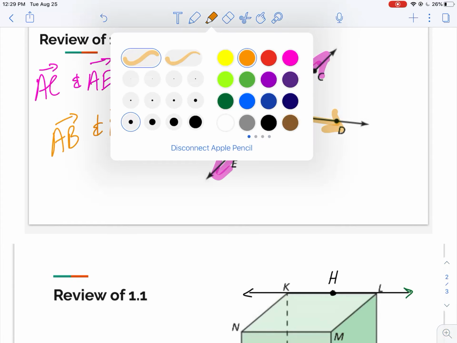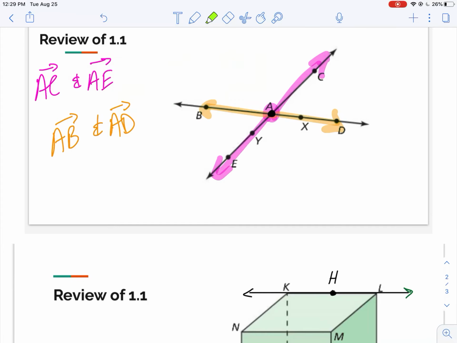If you're looking at the names here, notice how these arrows at the top all go the same direction. Even though these rays don't go in the same direction at all, remember that the way we name this is we start at our starting point, in this case A. A is our starting point for all of these. So where am I starting? A, and then where am I going to?